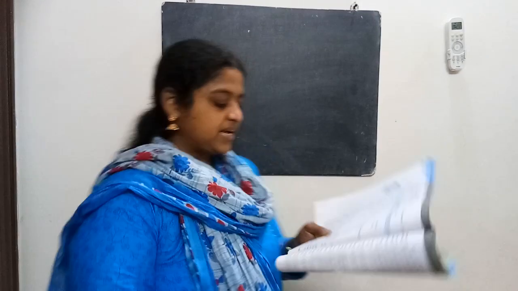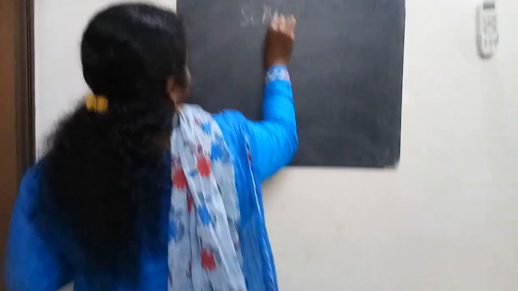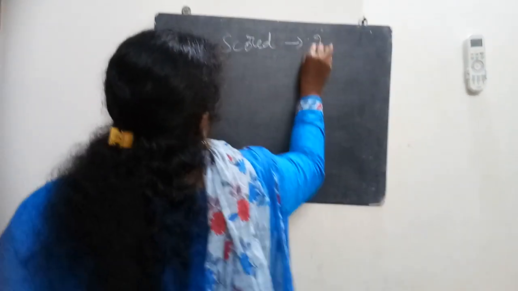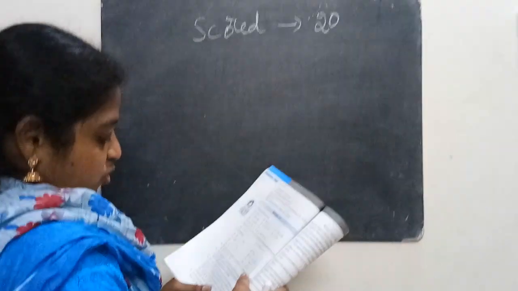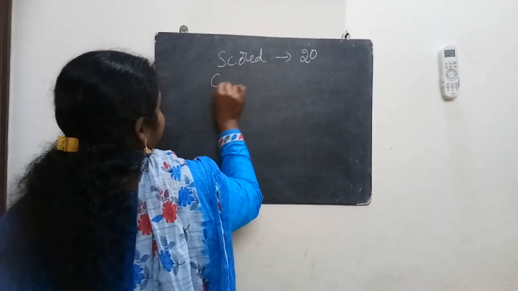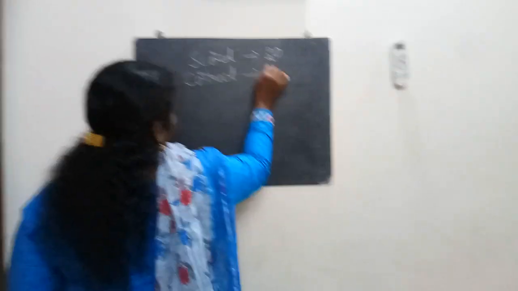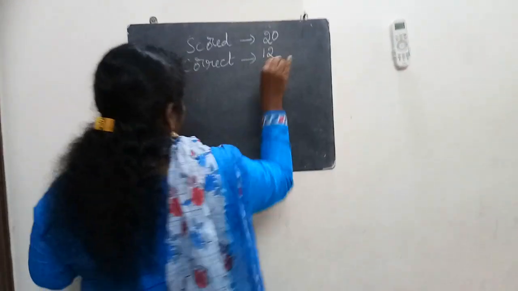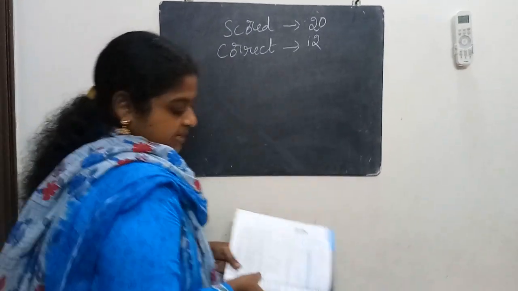Scored marks 20, correct answers 12. How many questions has she attempted incorrectly?